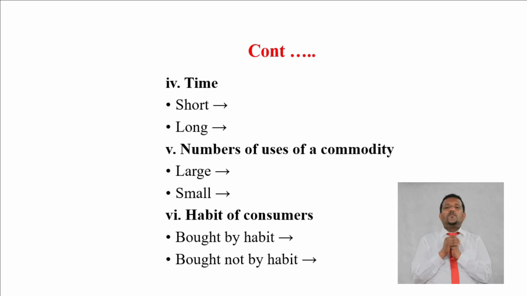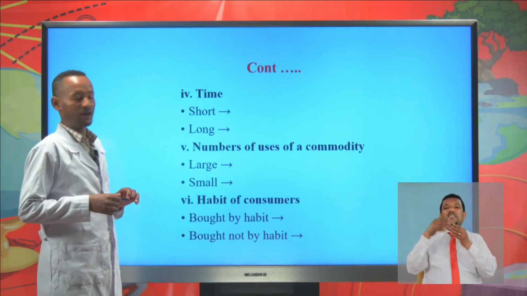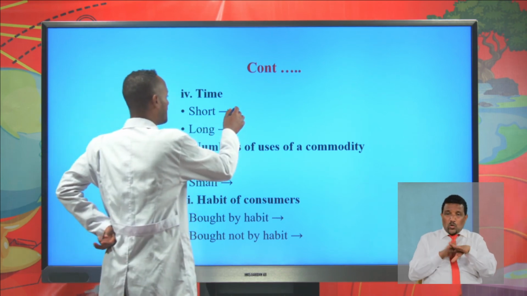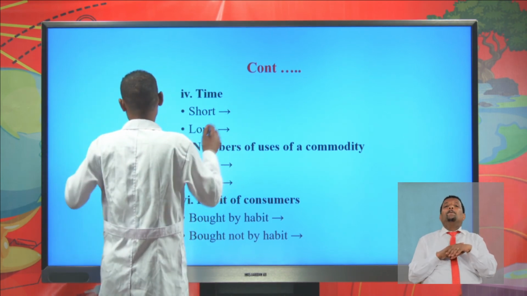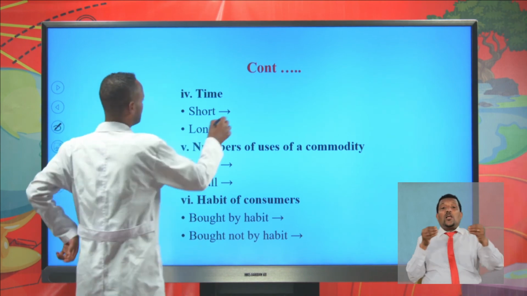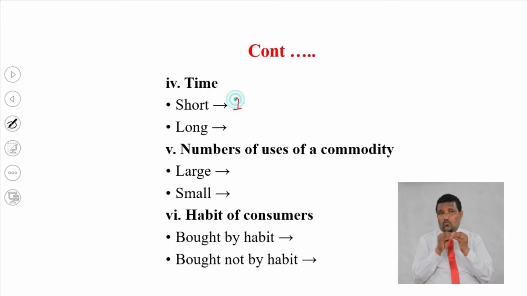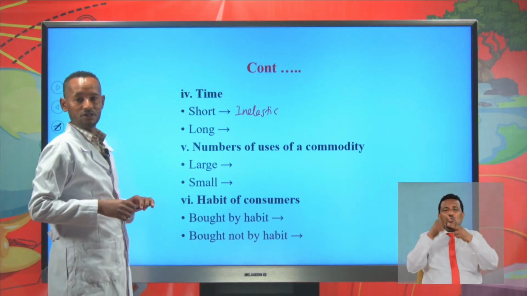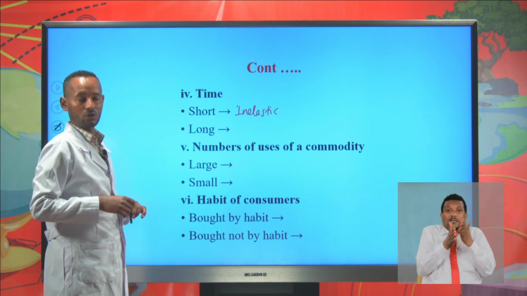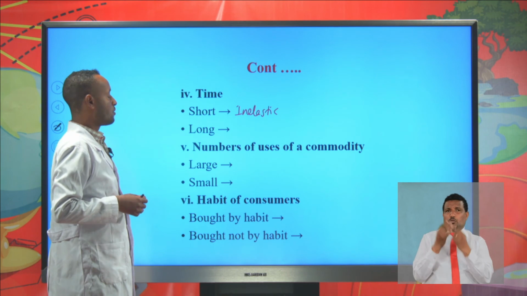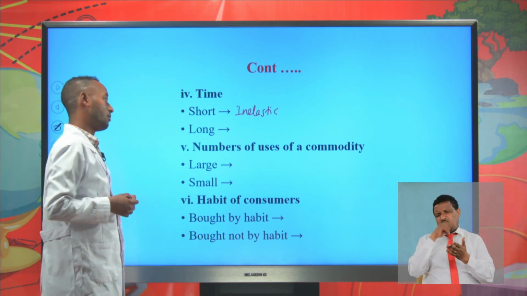Another determinant of the price elasticity of demand is time. In the short period of time, demand for a good tends to be more inelastic, because we don't have a choice in the short period of time, since we cannot adjust our consumption or postpone our consumption, so we will be careless to changes in the price of a commodity.